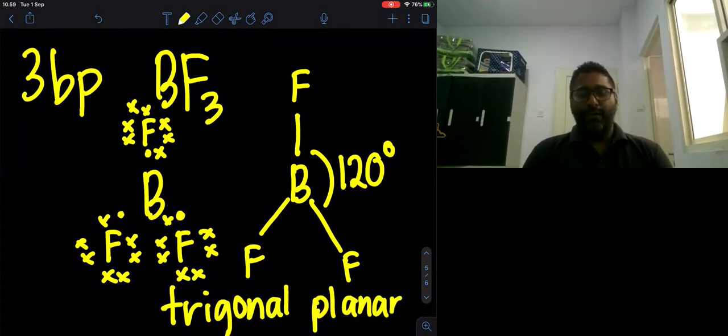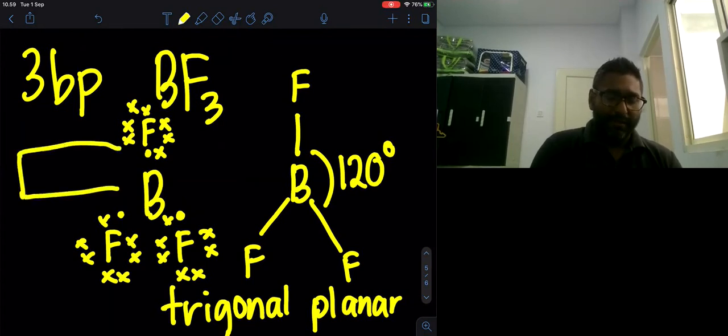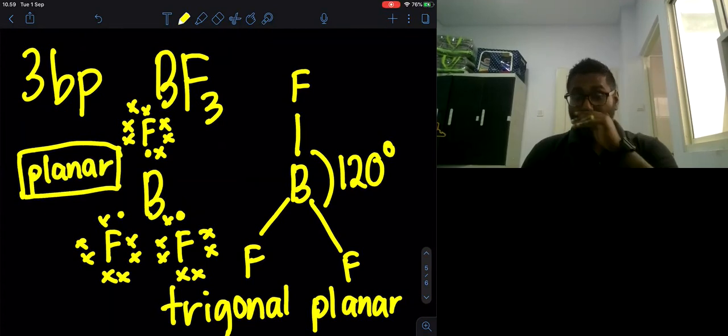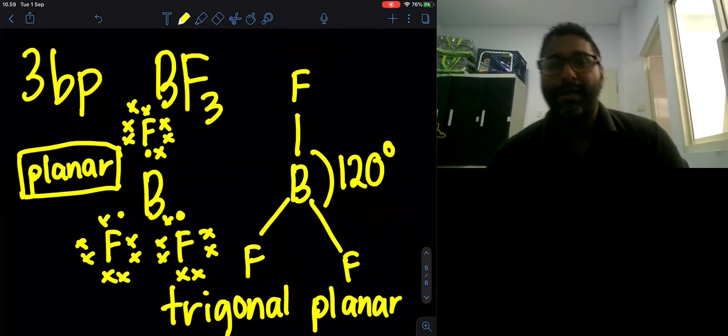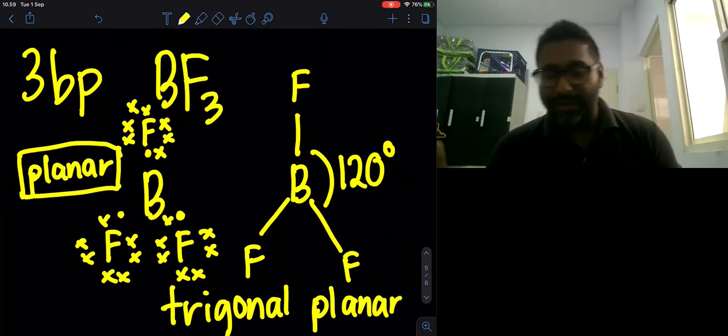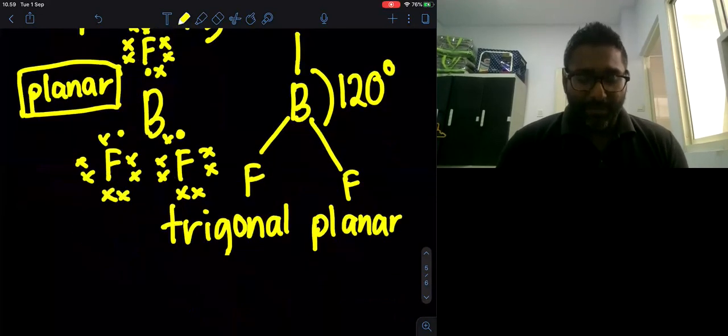And this is another example of a planar molecule. You can see that it's already written in the name itself. Planar means it can be formed on a piece of paper, lying on a single plane. It's not 3D, it's just 2D.